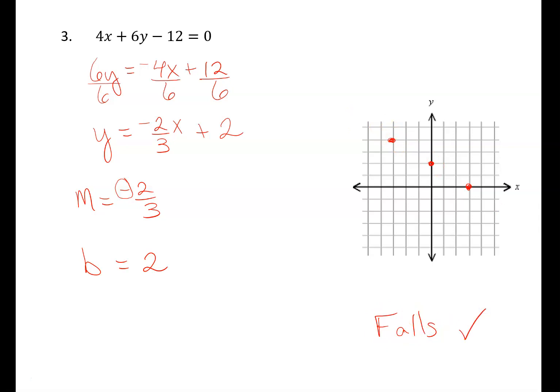If it's not rising or falling like it should, then you made a mistake in your right and left movements. Okay, take your straight edge. Draw your line beyond the points and put arrows on the ends. Okay, so that is the slope-intercept method.